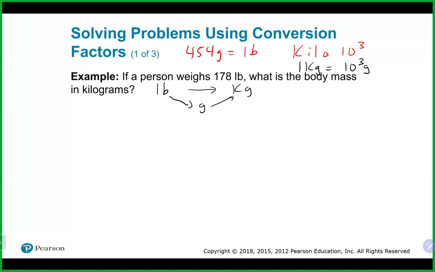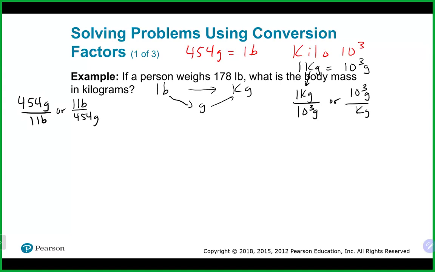So that's our equality. We could do our conversion factors here. We would have 454 grams over a pound. Our 1 pound is 454 grams. For our other equality, we could have 1 kilogram over 10 to the 3 grams, or 10 to the 3 grams over a kilogram. We're going to start with the number that was given to us, 178 pounds.